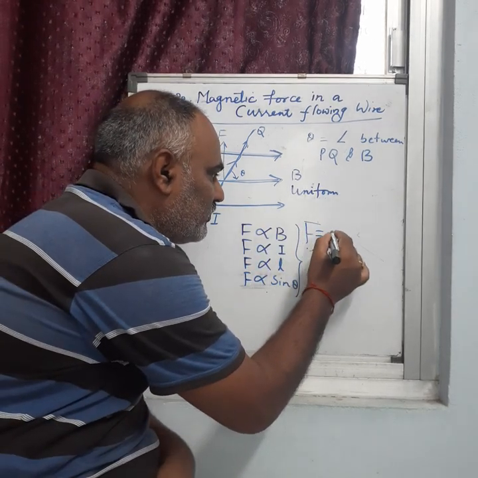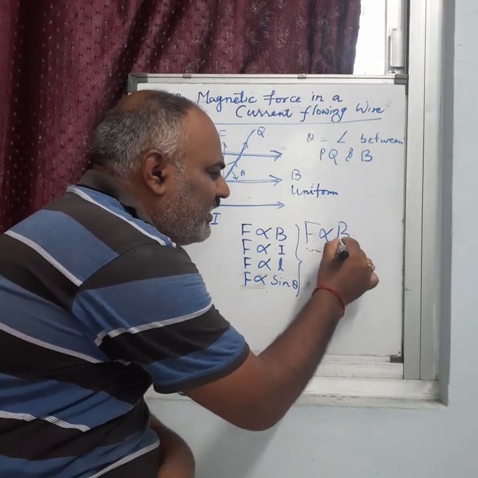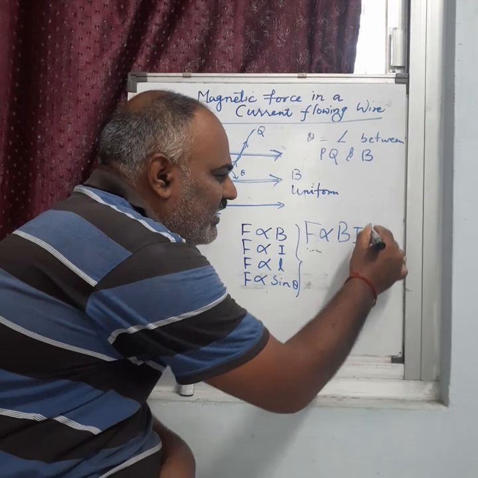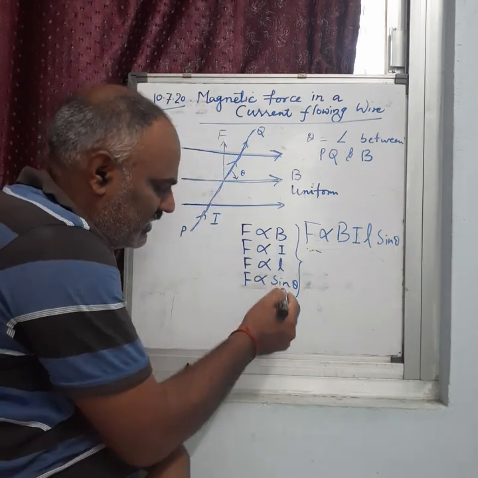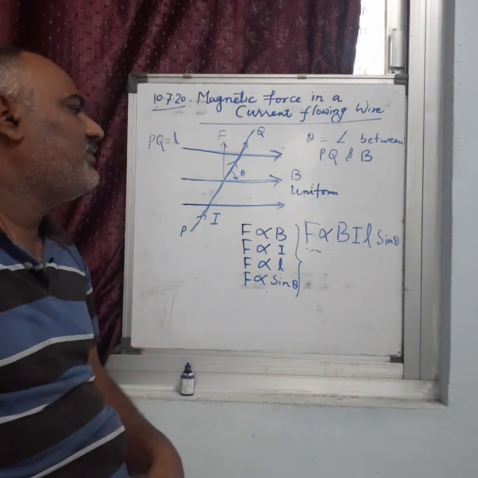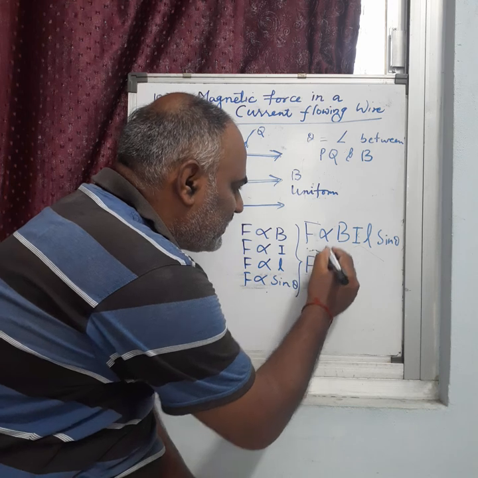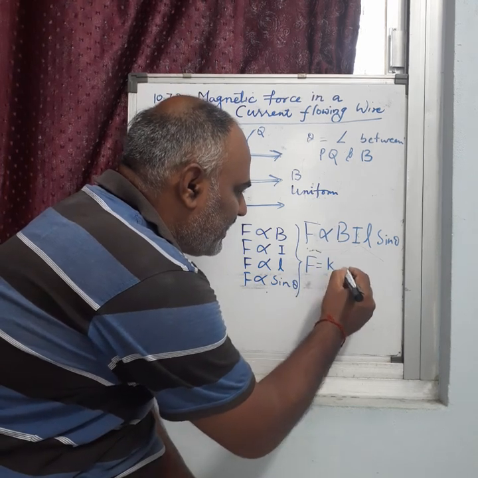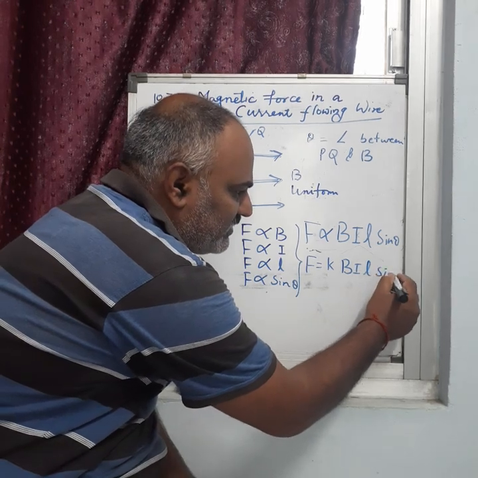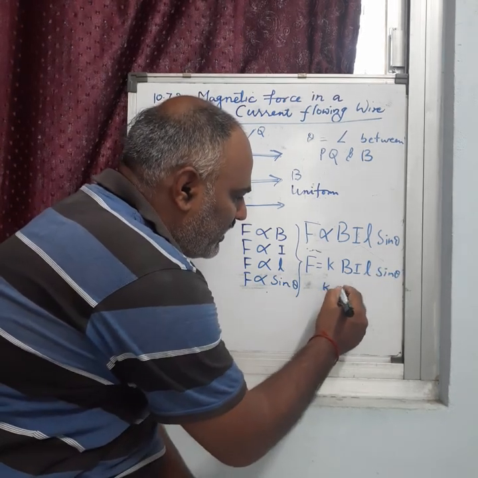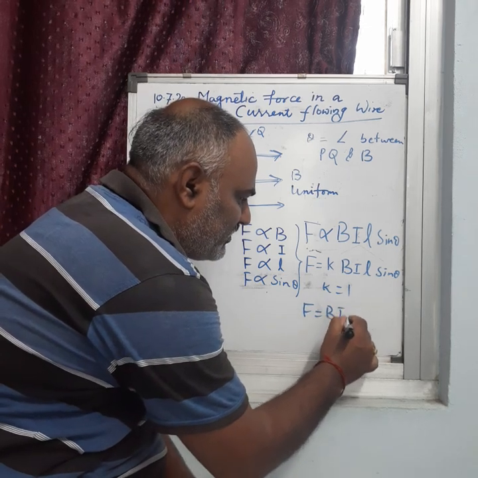F is directly proportional to B I L sine theta. You remove the proportionality constant, let this be K, so K B I L sine theta. Now you take K equal to 1, so F equals B I L sine theta.